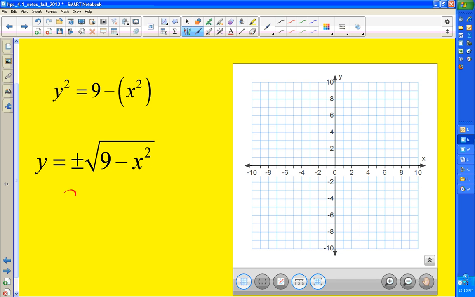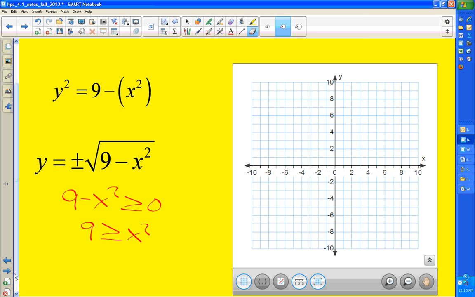When you have that, the 9 minus x squared has to be greater than or equal to 0. So if you solve that, you're going to get 9 has to be greater than or equal to x squared, or 3 has to be greater than or equal to the absolute value of x.